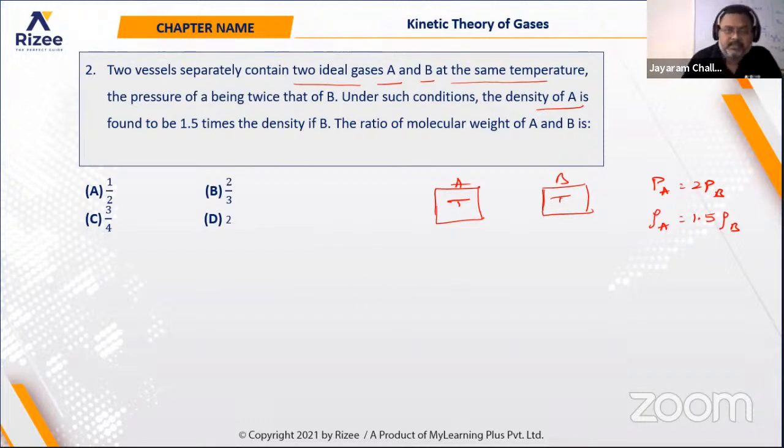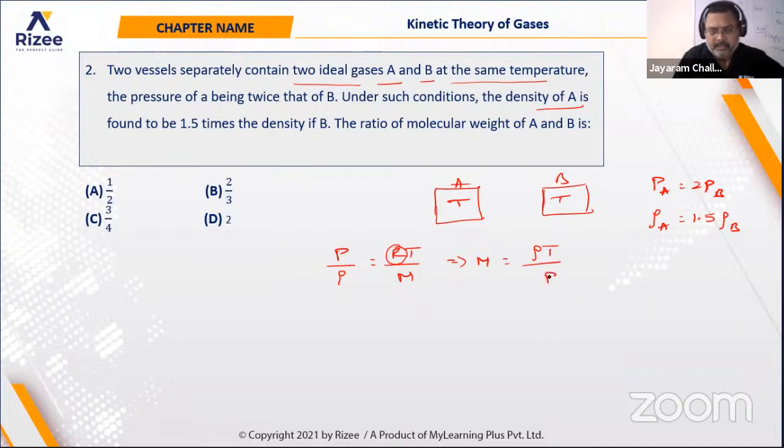So how to solve this one? We have just derived P by rho is equal to RT by molecular weight. Anyway, R is constant. He is asking about the molecular weight. Let me take the molecular weight to one side. Then it is rho, density, into temperature by pressure.